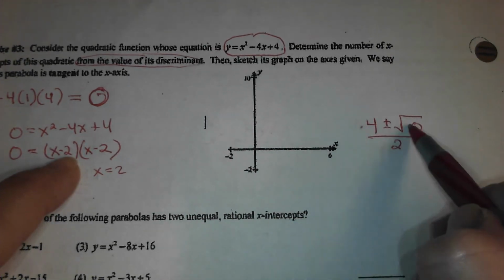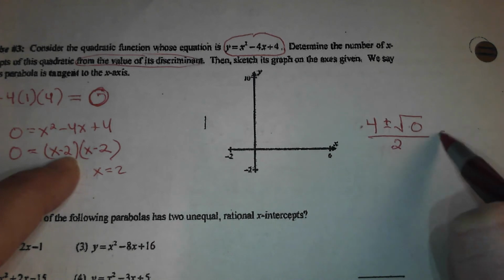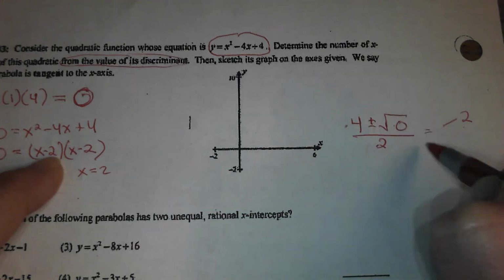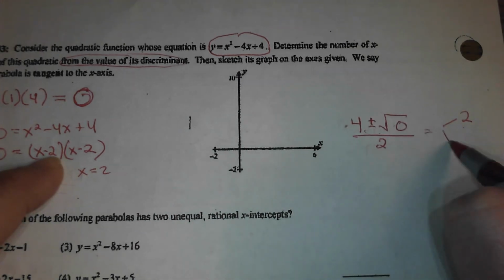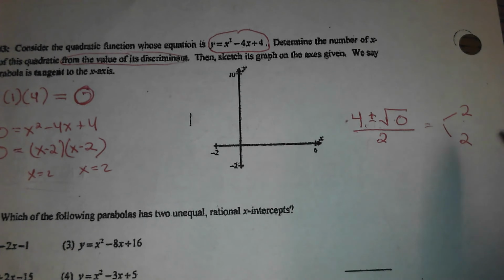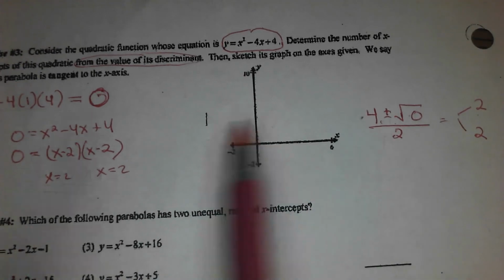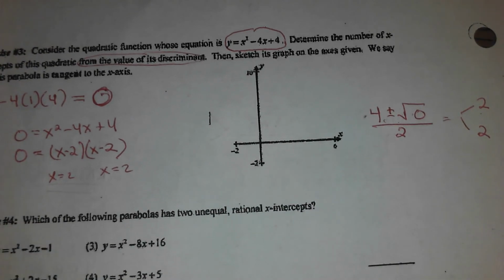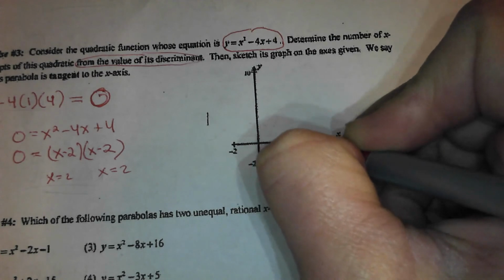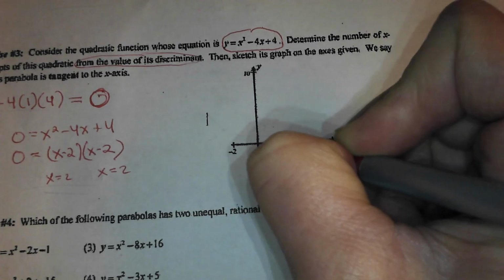So 4 plus 0 over 2 would have been 2, and 4 minus 0 over 2 would have been 2. You also get the same answer twice. Do you see the connection? Whether you do it by the quadratic formula, you get the same answer twice because of that 0. Or whether you factor, you get the same answer twice because of that 0. And so the x-intercept is just 2.